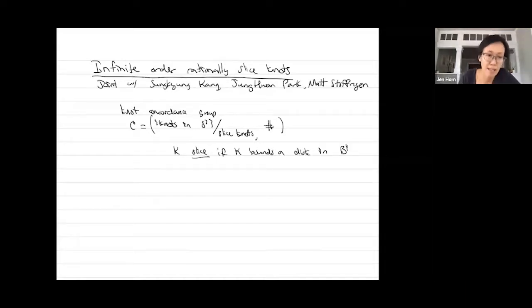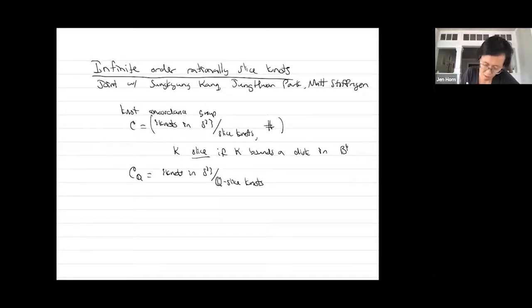Closely related is the following group. I'll denote it CQ. Again, this will be generated by knots in S3, and now we'll mod out by rationally sliced knots. And so what is a rationally sliced knot?